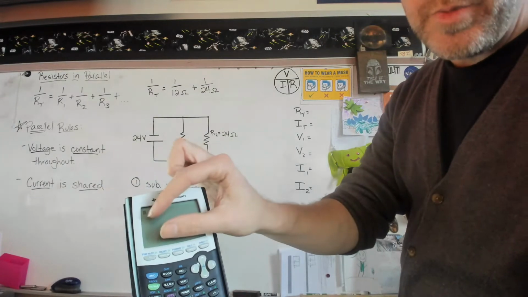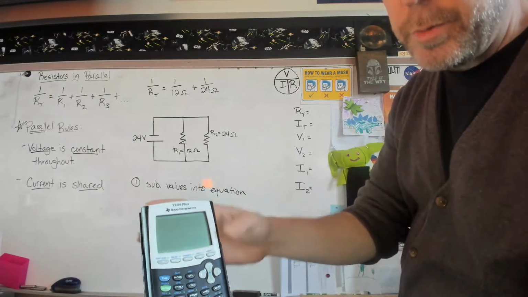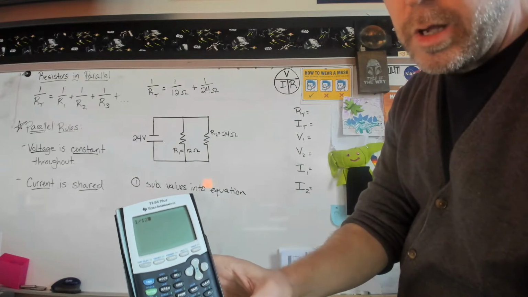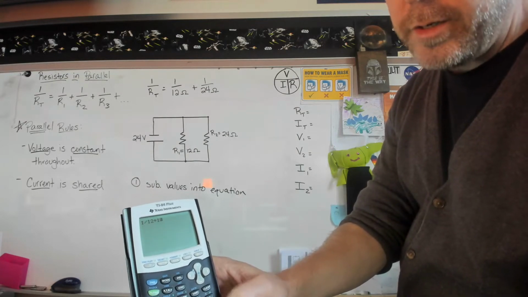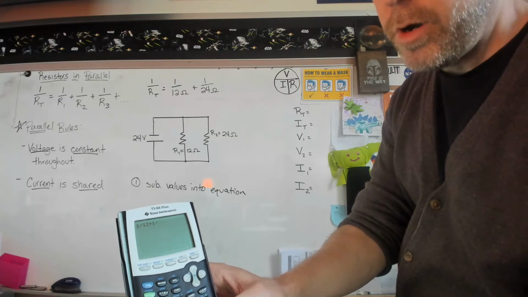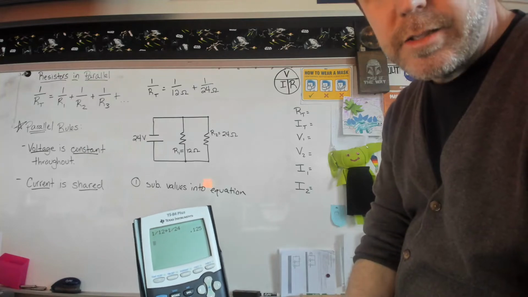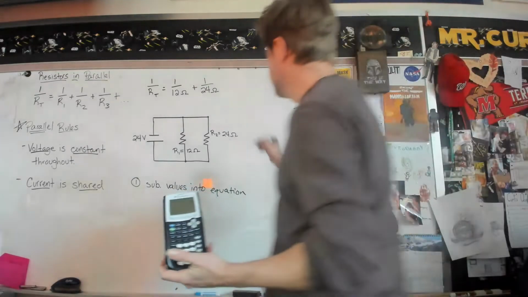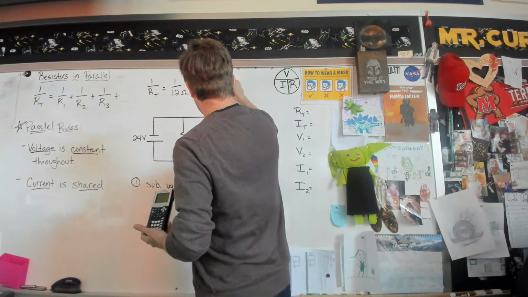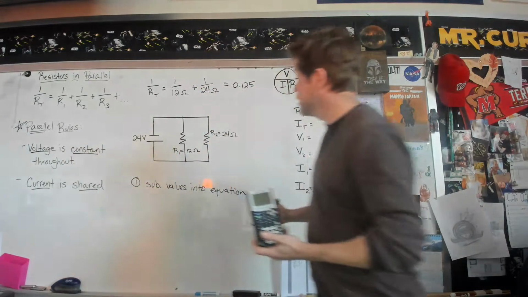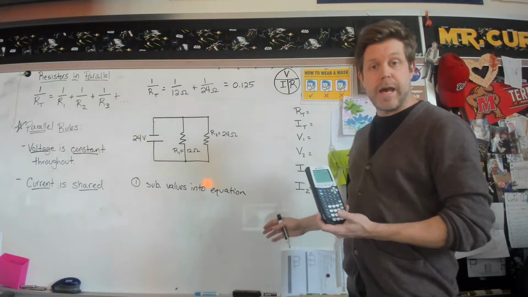I don't need to use the special feature where I'm putting one number over top of the next. Just simply take 1 divided by 12 plus 1 divided by 24, and enter it that way. And I get 0.125. So I've plugged them in and I've added them up.